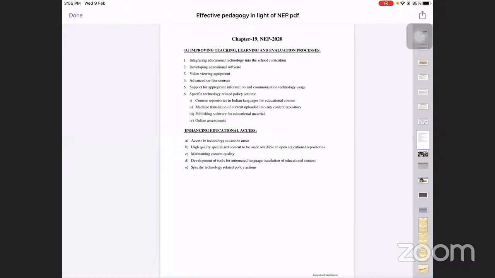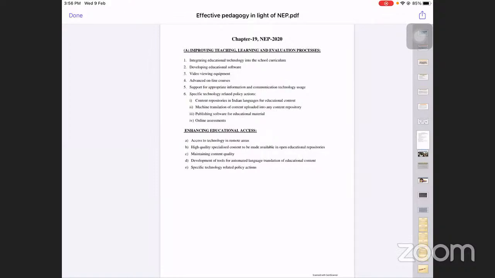So for every head, they have described that assessment be done online. Whatever you have done, you put it on Google Classroom, then the teacher will observe it and will give you the marks on your mail or whatever way he has through online.